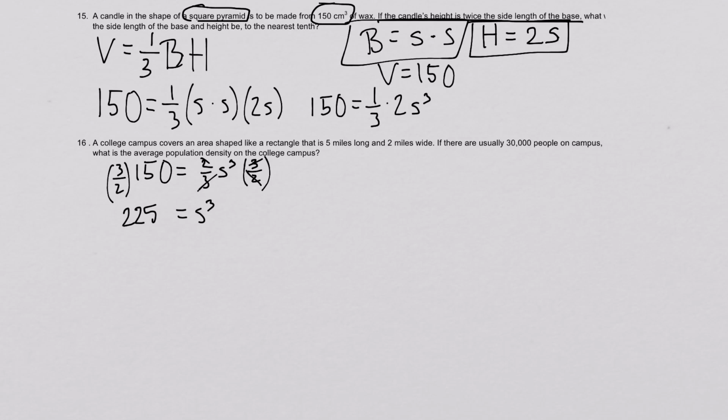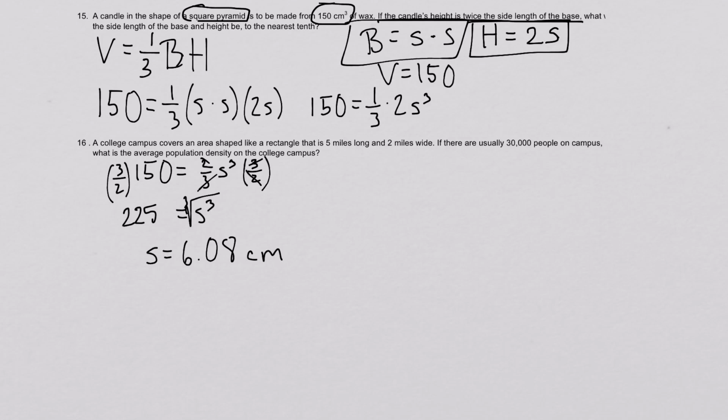And finally, if I want to solve this for S, I need to get rid of this cube, which means that I'm going to take not the square root, but the cube root. What number do I multiply by itself 3 times to get 225? And the answer to that is going to be approximately 6.08, according to my calculator.